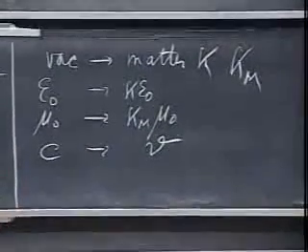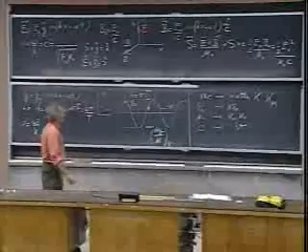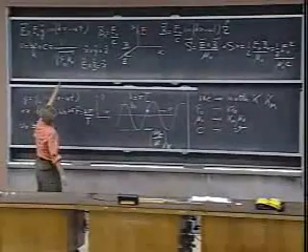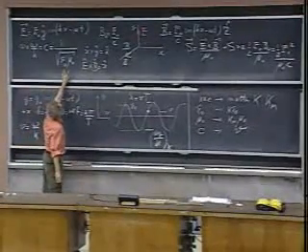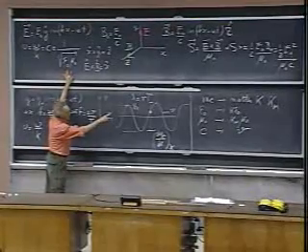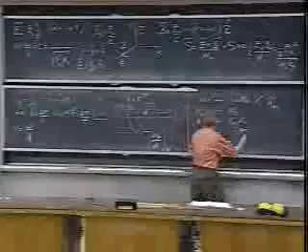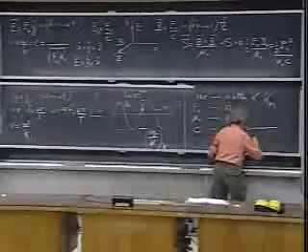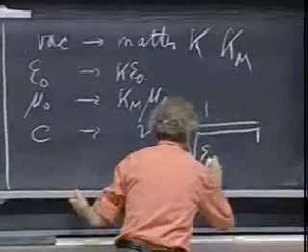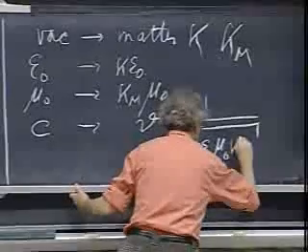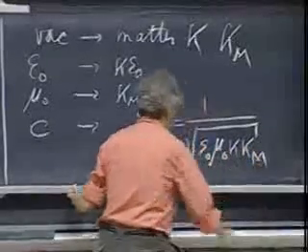And you see immediately how it changes, because epsilon 0 and mu 0 have to be replaced by epsilon 0 kappa and mu 0 kappa of m. And so you see here that the velocity, following my recipe, becomes 1 over the square root of epsilon 0 mu 0 kappa kappa m.